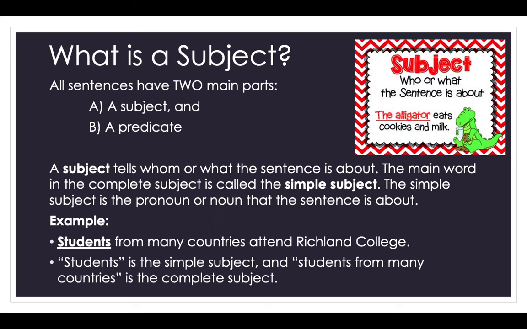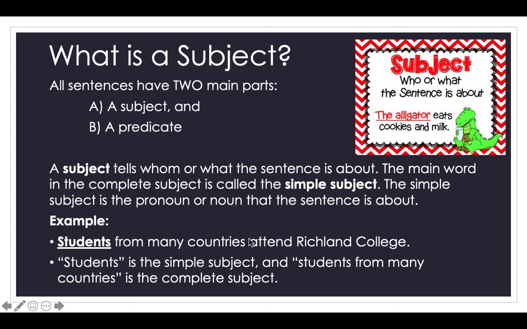And I know we're getting into some details here, but just know that the subject is who or what the sentence is about. Here's another example. Students from many countries attend Richland College. In this case, students is the simple subject, and then the whole thing, students from many countries, is the complete subject. So notice how this has a longer subject.